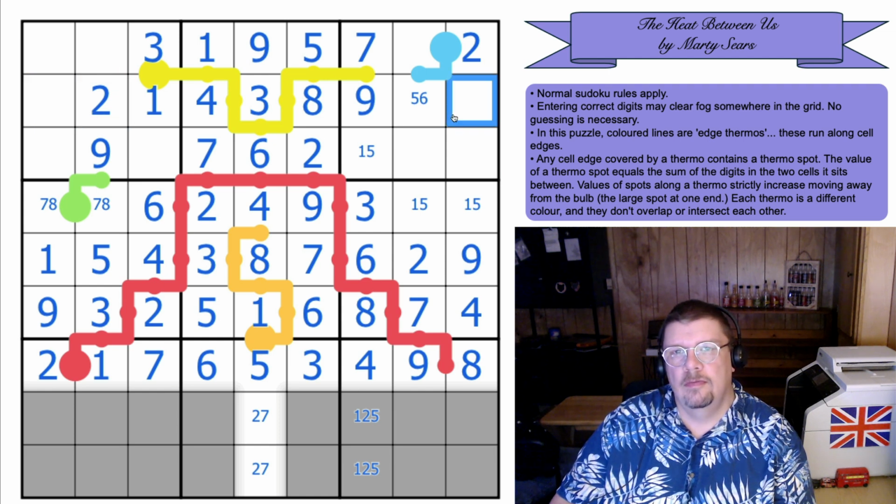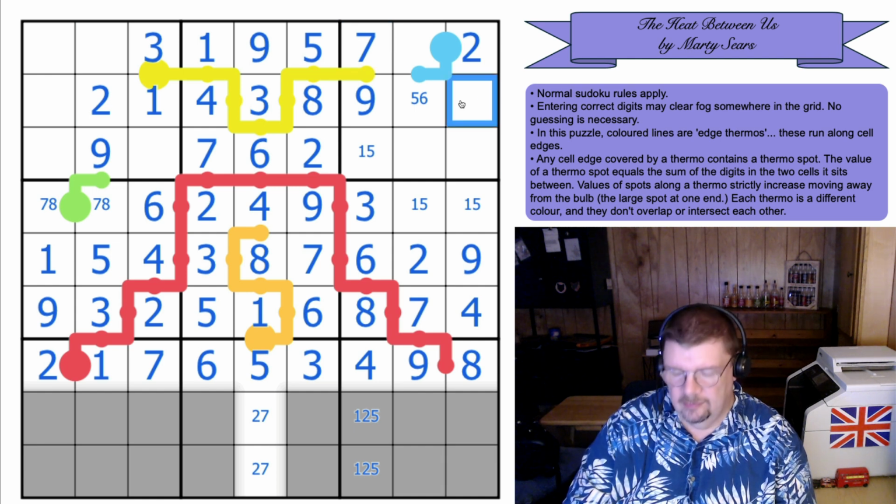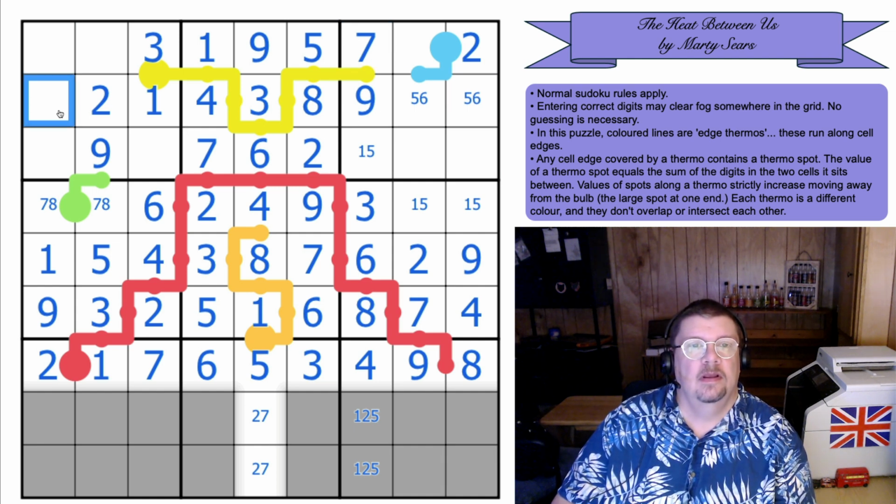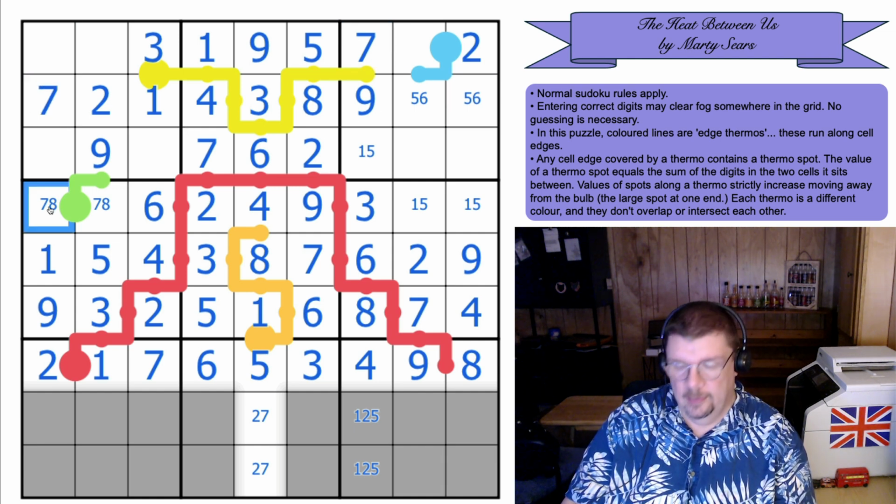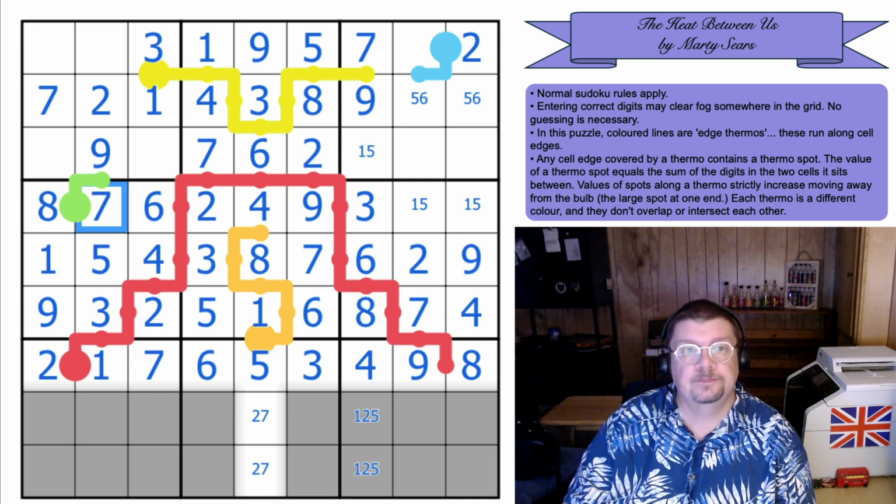In this row, we have 5, 6, and 7. That 7 means that that's 5 or 6. And that's 7, which resolves my 8 and my 7.